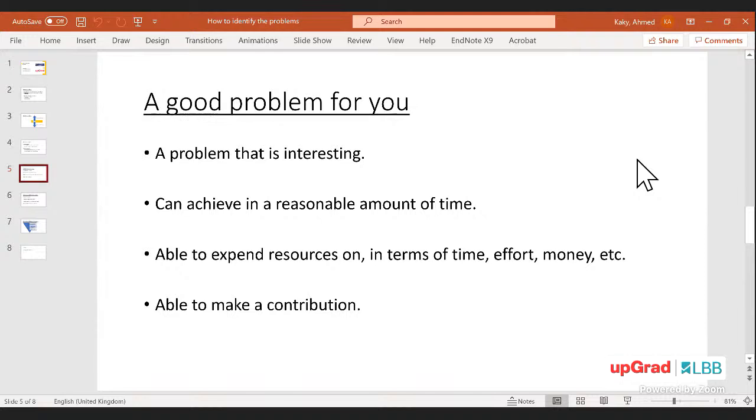Am I able to expend resources in terms of time, effort, money, any type of resources, data, computational power, for example? Am I able to make a contribution if I go through such a research topic?